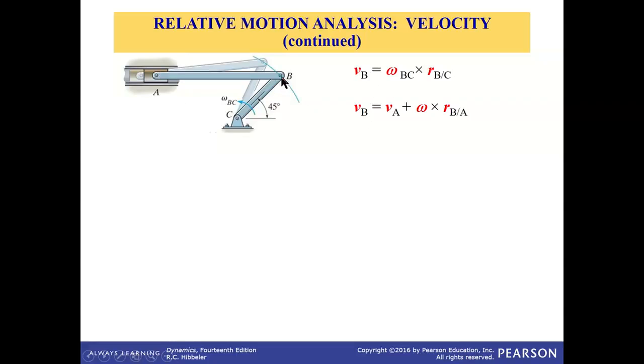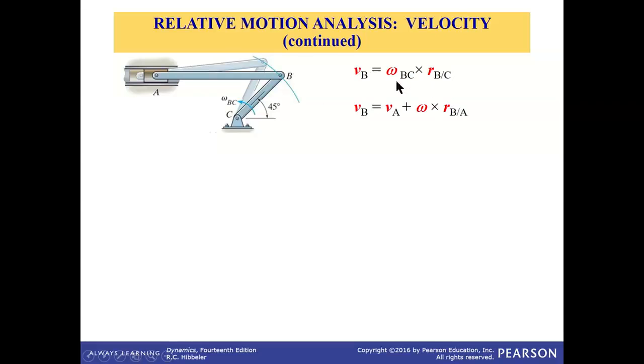So there are two different equations. Now since point B is a common point between both the links, this velocity must be the same. That means we can equate omega BC cross RBC with VA plus omega AB cross RB with respect to A. Now when the engine is designed, we already know the lengths of link BC and link AB. So we have the information about the position vectors. It's very easy to measure the angular velocity of link BC because it has pure rotation.